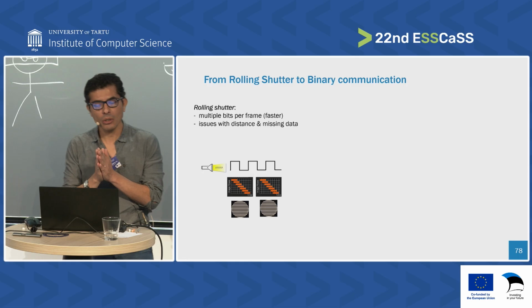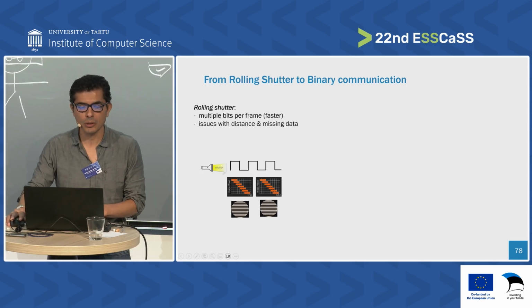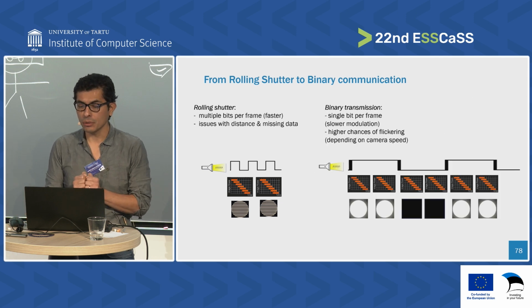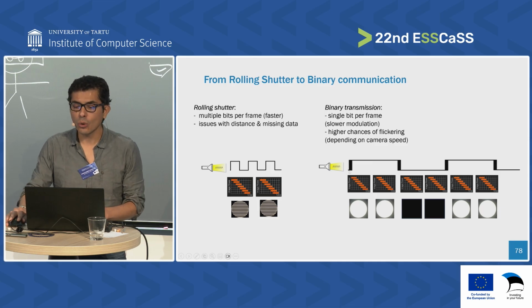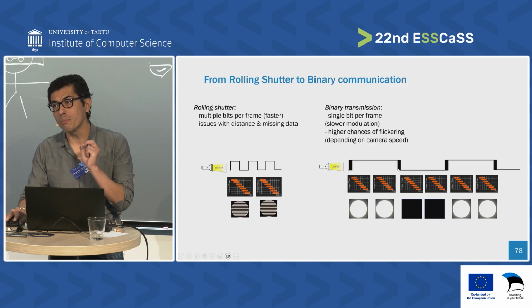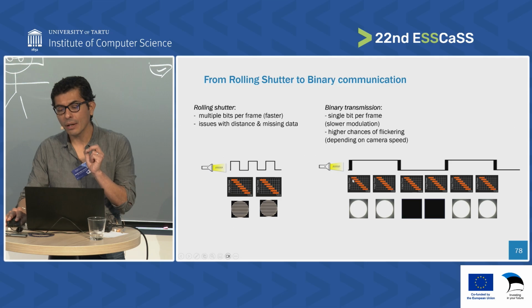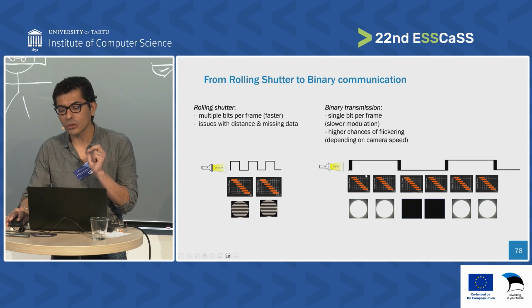So what happens? With the rolling shutter effect, we said that there's a sweet spot about how you modulate your light, and you can obtain these zebra patterns. What you do with this binary transmission, that I call the full frame approach, is you're going to slow down your LED. It's not going to be that fast. You're going to slow it down so much that now all the rows have to be on when the LED is transmitting, or off when it is transmitting.